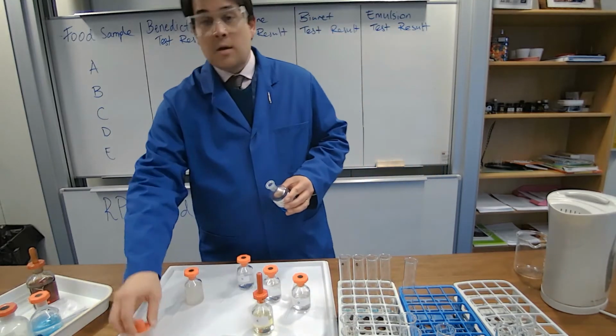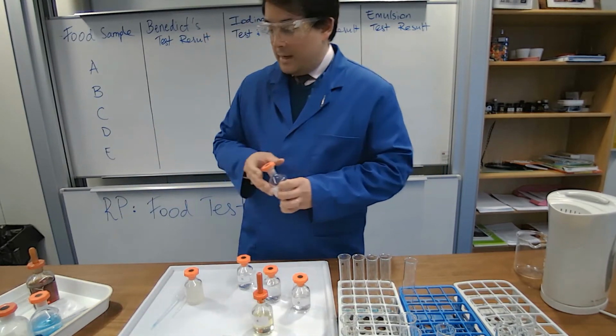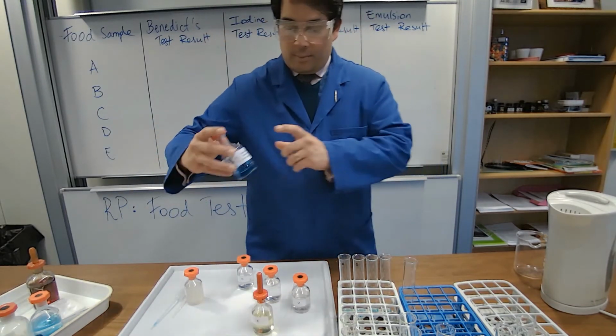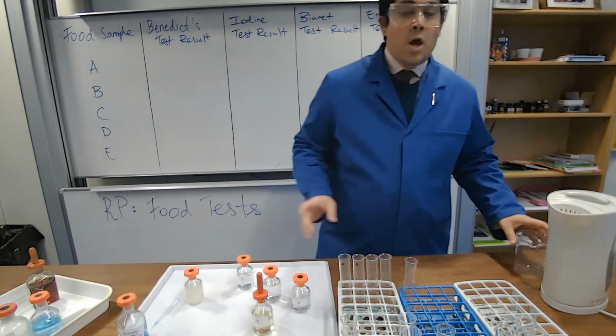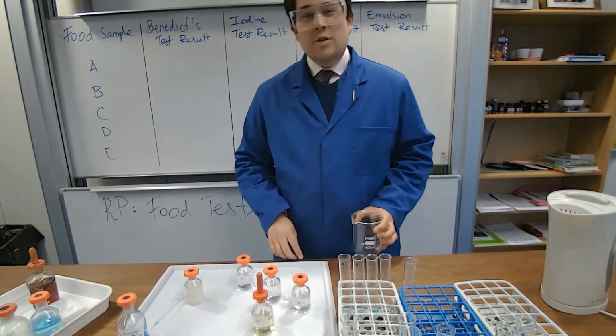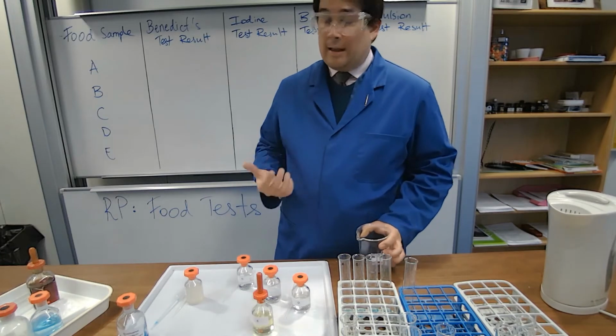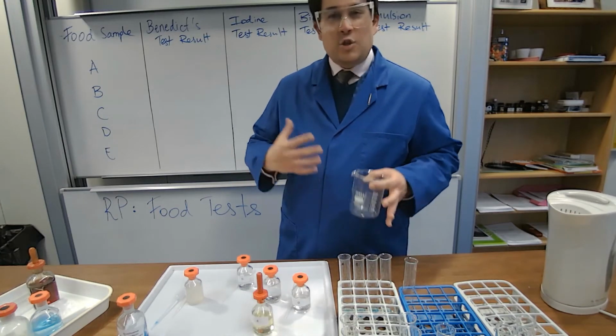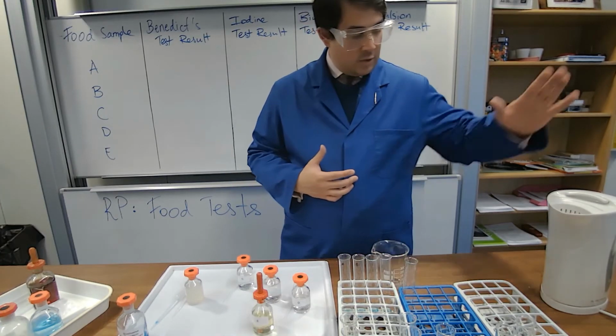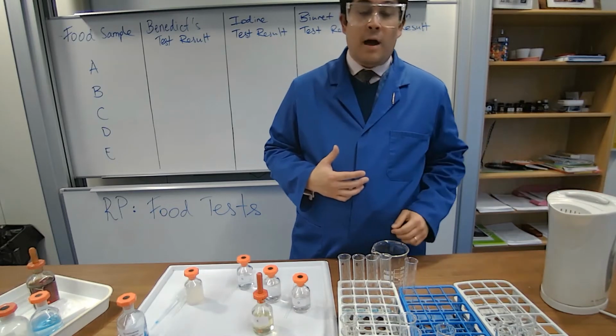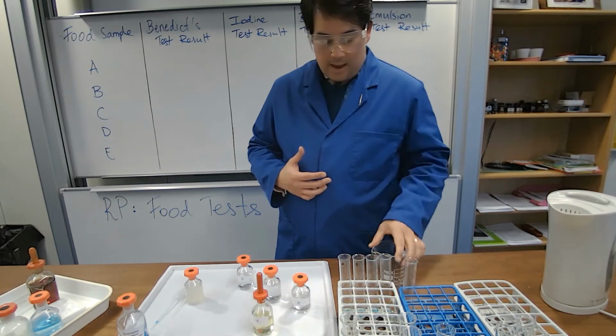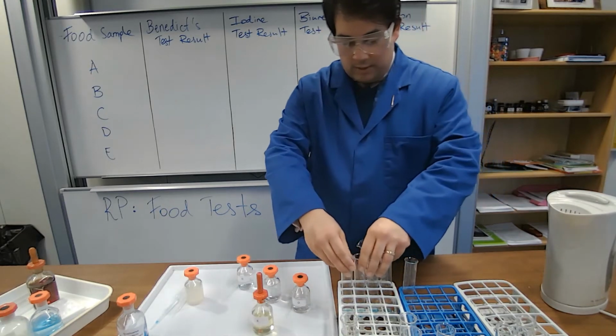Now, the trick about the Benedict's solution is it requires heat for the reaction to occur. Because we're not going to use the Bunsen burners, to make it easy and keep it safe, we're going to use just your typical water bath. So I'm going to pop the kettle on, and then I'm going to put each of these in there.